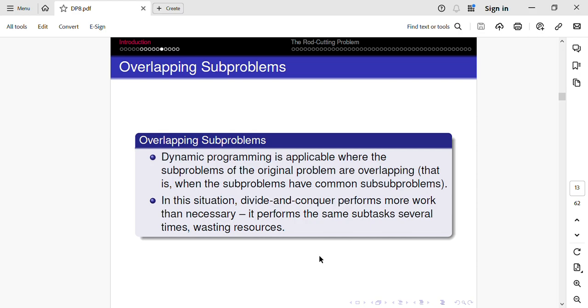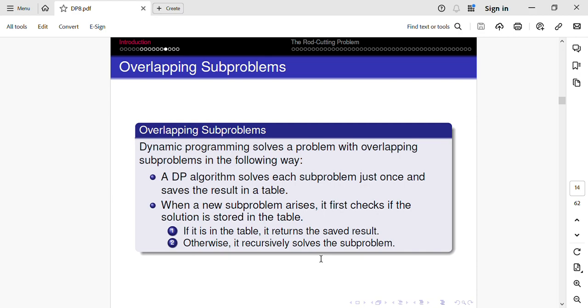It will solve the same subproblems several times, so it will be wasting a lot of resources like time and space. So when we design an algorithm, we have to think about space requirement and time requirement, which is very important.